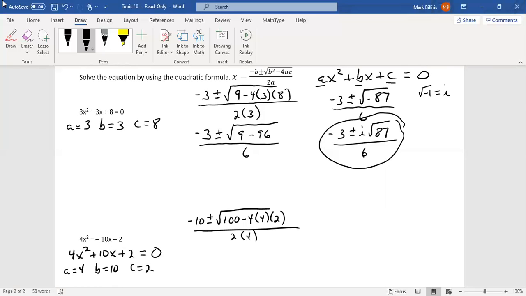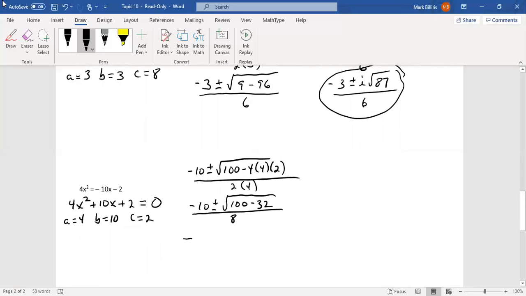So now we have negative 10 plus or minus the square root of 100. And now we multiply negative 4 times 4, which is negative 16, times 2 is negative 32. And that's all over 8.